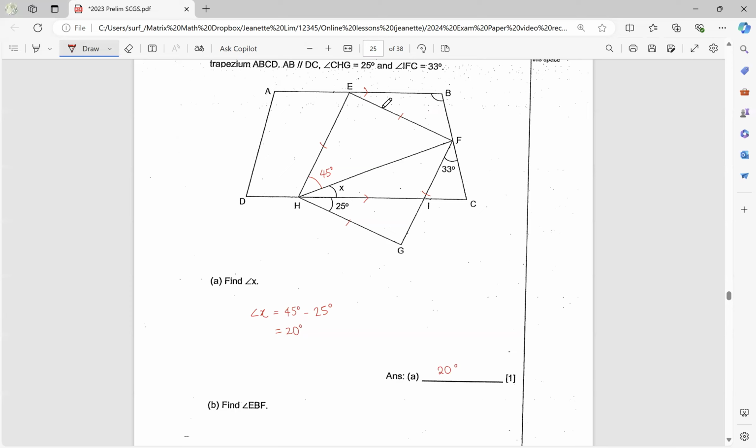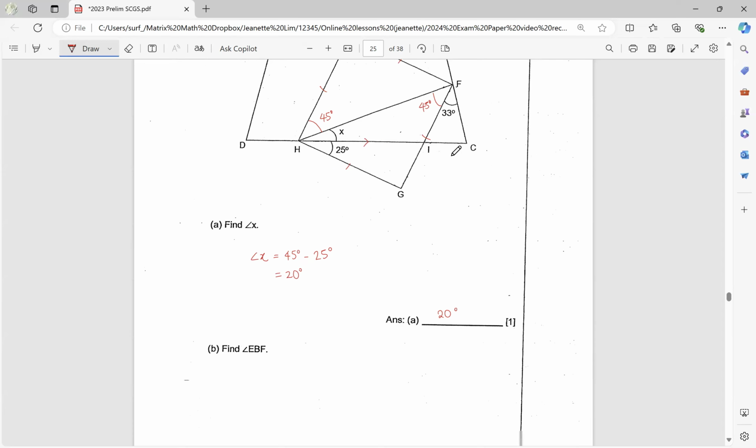Now remember, this is a square, so the right angle here is being cut into half, which means that this is a 45. So to find FCH, this angle, we'll take 180 minus x minus 45 minus 33.